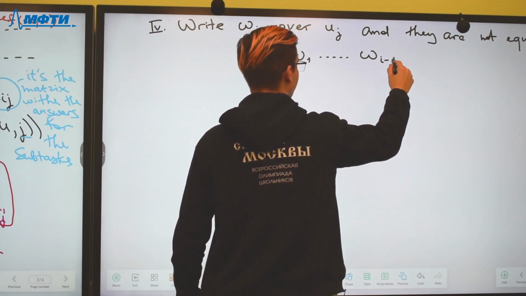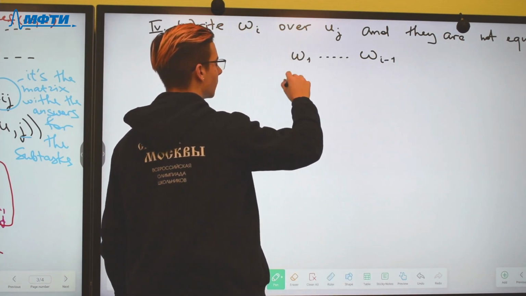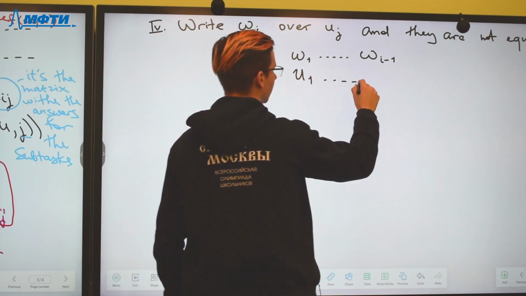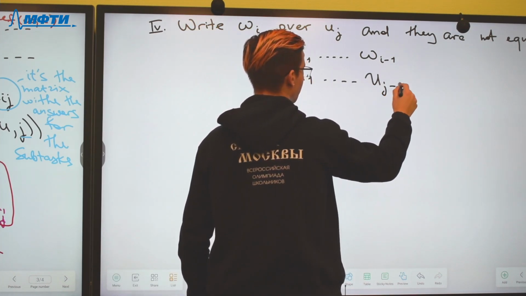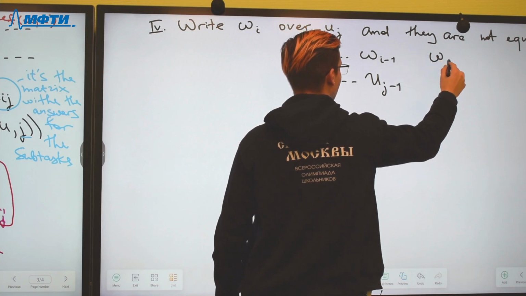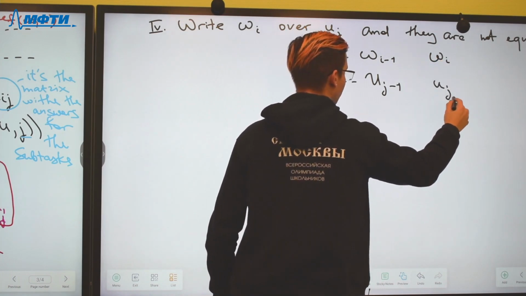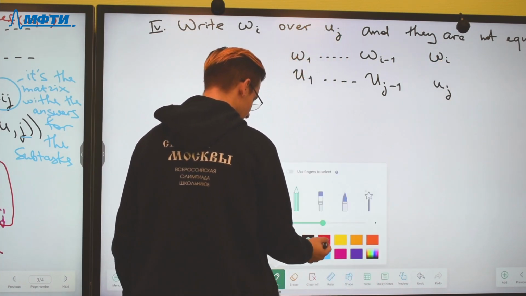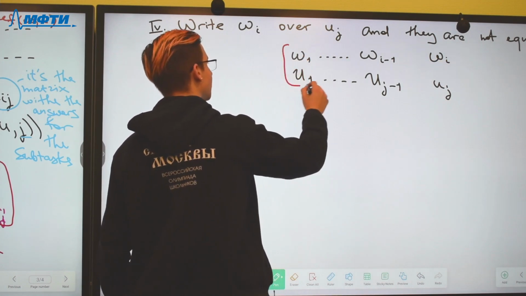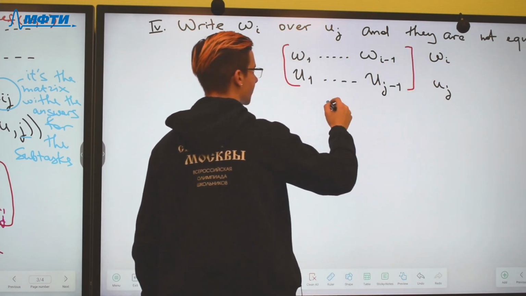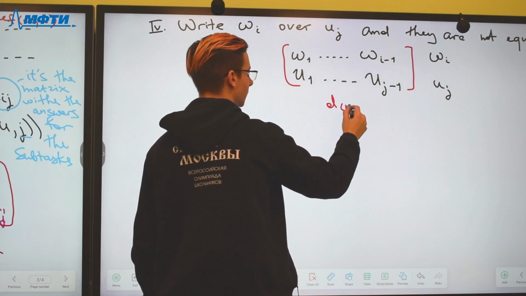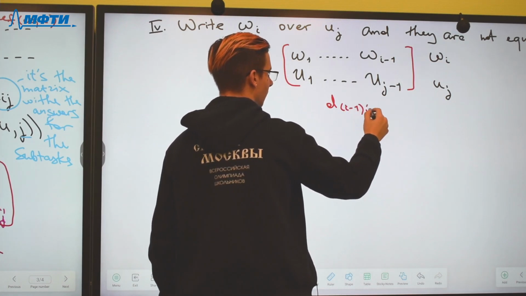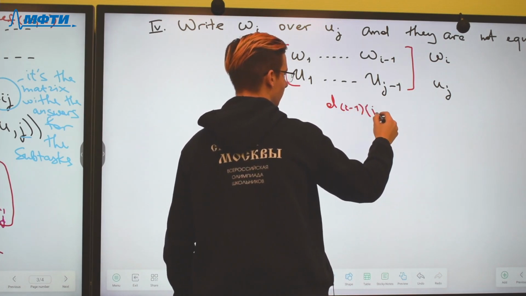E minus 1. Minus 1. And then we compare these prefixes and find minus 1, G minus 1.